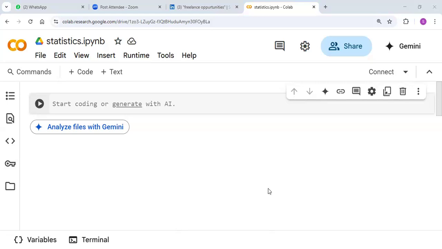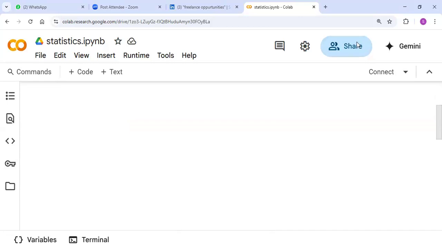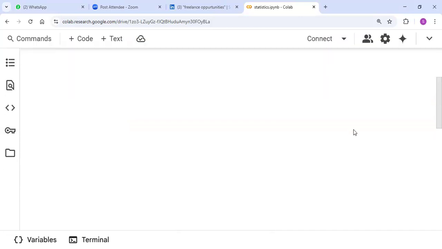Before we begin with the statistics, I just wanted to give you some information regarding the quality of the data.